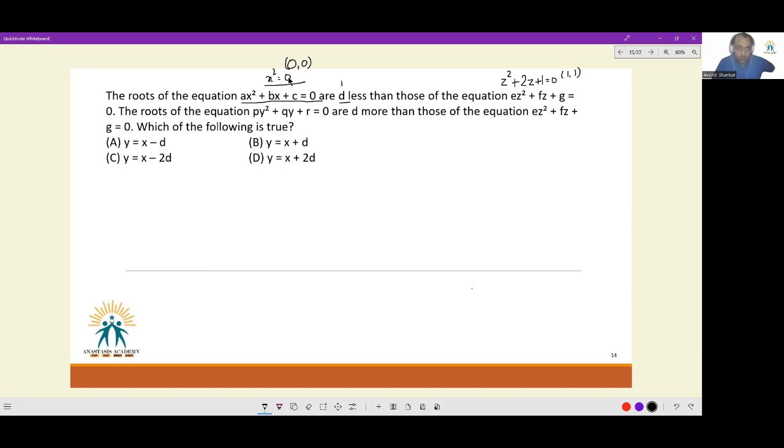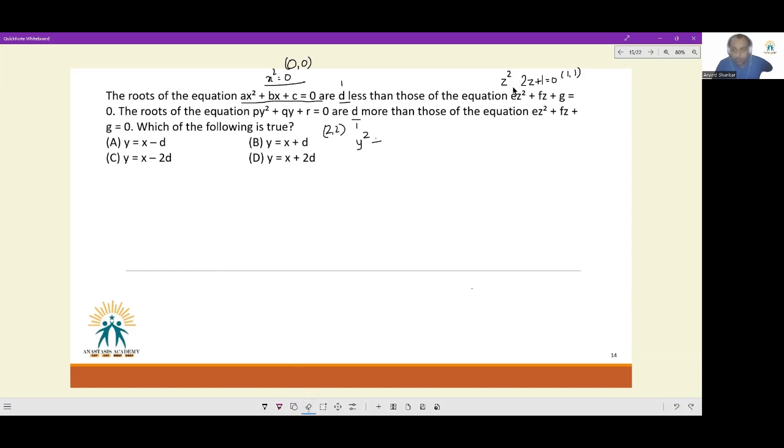The equation here is x square is equal to 0. z square plus 2z plus 1 is equal to 0. Now, roots of the equation py square plus qy plus r are d more. Again, 1 more than those of the previous one. So, let the roots here be 2 and 2, which would mean we get y square... Oh, sorry.